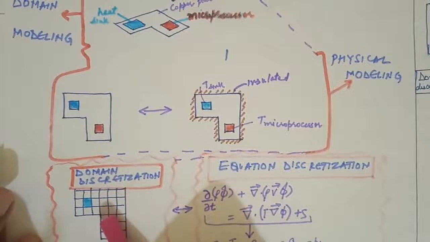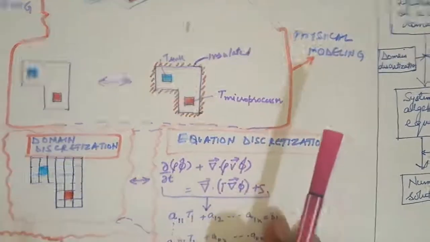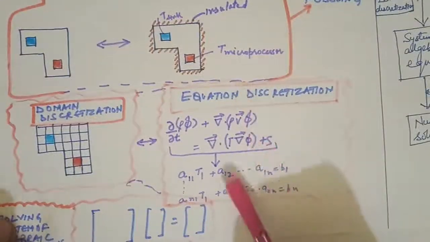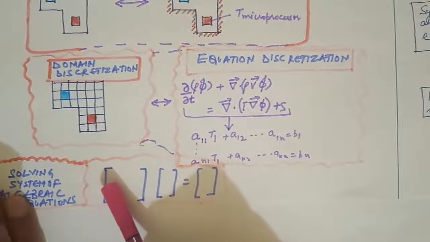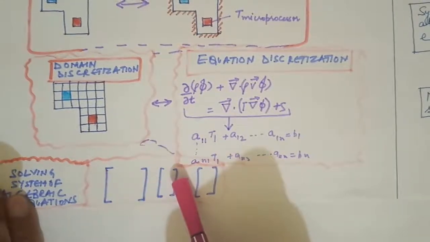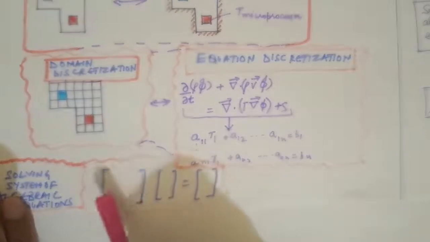Then we went for domain discretization and equation discretization. And finally, when we got a set of algebraic equations, we resorted to either matrix inversion or iterative methods to solve the set of algebraic equations.